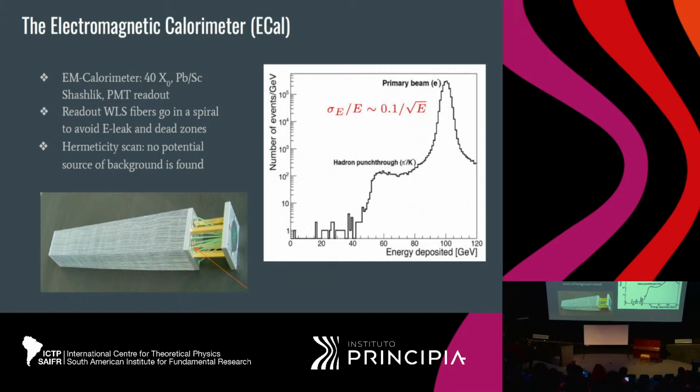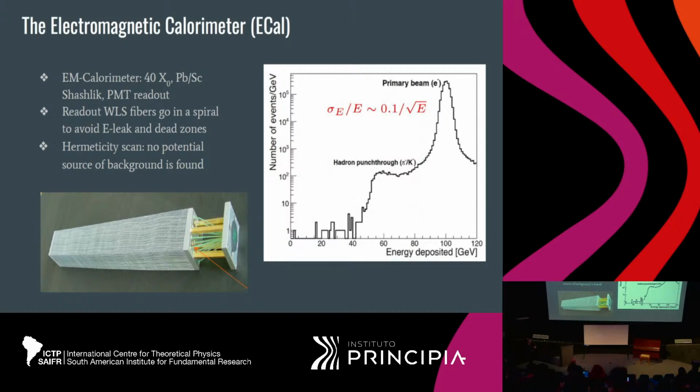It's basically a series of, again, plastic scintillator and lead layers, which are then read by fibers that, inside this module, are twisted along the center, so that there are no dead spots inside the cell.